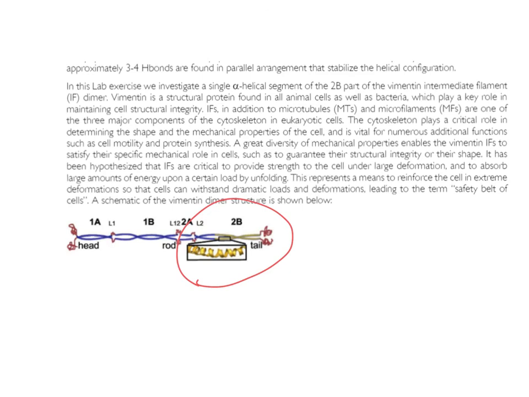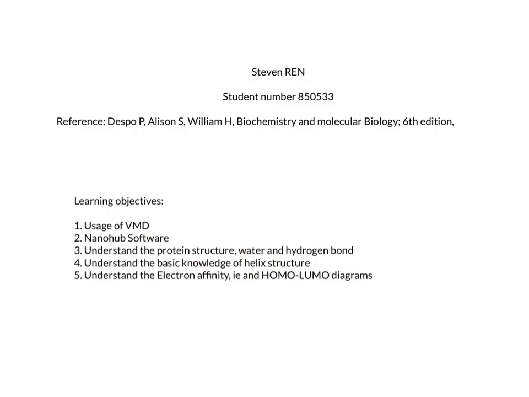And with that in mind and doing all those VMD analysis and output log calculation, we have built further knowledge of the protein structure, water molecules, hydrophobic and hydrophilic nature of the molecule, and also the structure of protein, especially the secondary structure. Thank you for your time, and this will be the end of my presentation.